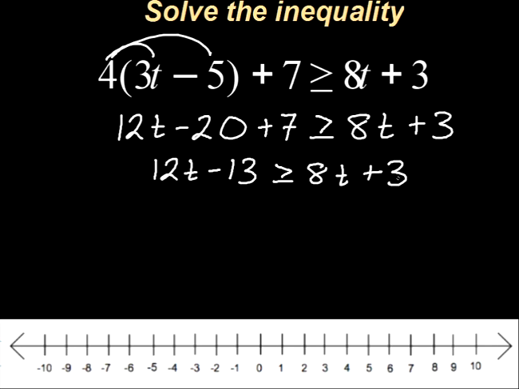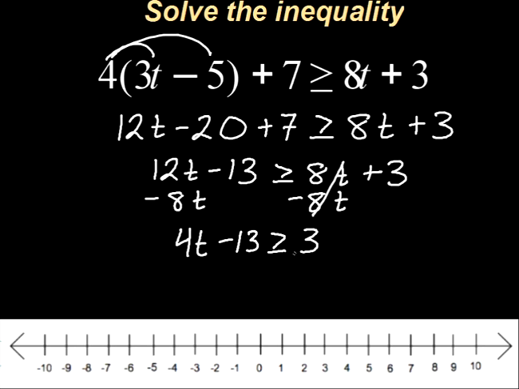Now we need to isolate the variable. There are variables on both sides. I'm going to subtract 8t on both sides of the inequality to get all of our t's on the left. 12t minus 8t leaves us with 4t. And I will add 13 to both sides.